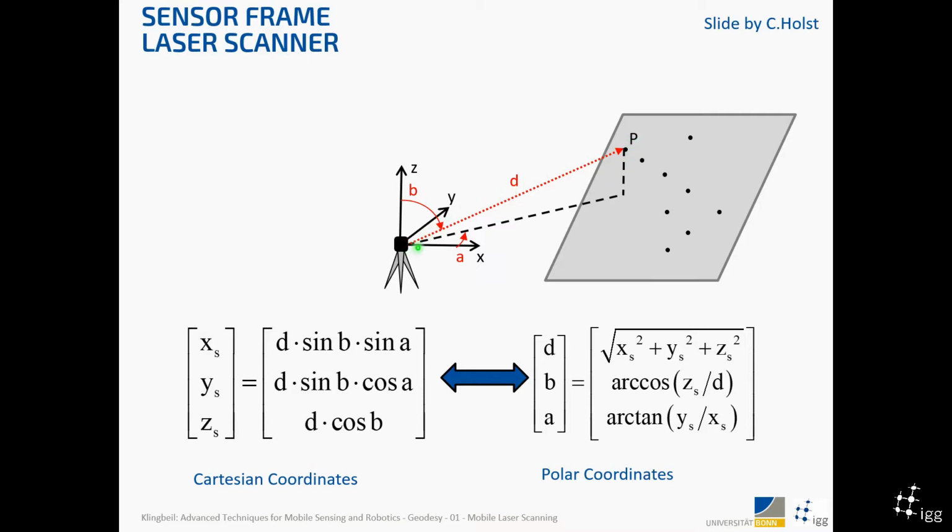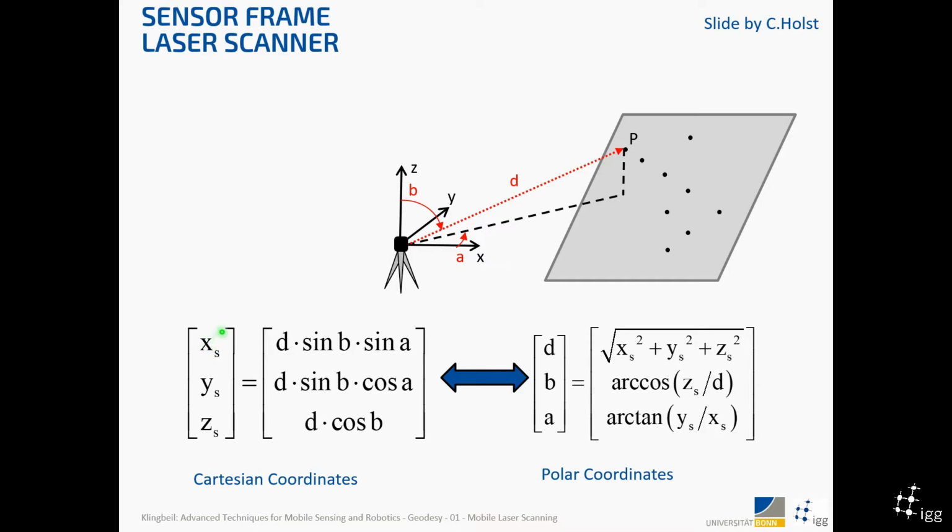It also gives you two angles, a horizontal and a vertical angle. So A is the horizontal angle and B is the vertical angle. Using those two angles and the distance, these parameters are called polar coordinates, you can derive x, y, z coordinates, which are called Cartesian coordinates, with this equation given here.